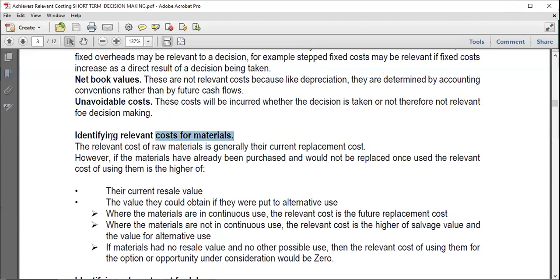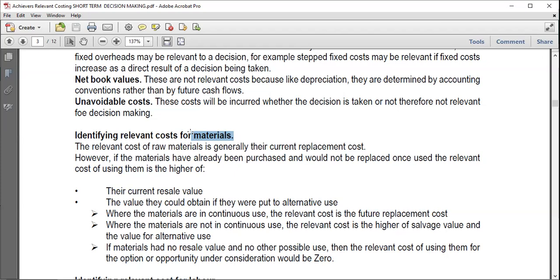Now, after we've tried to understand the different statistics of relevant and irrelevant costs, we are going to go into detail for each of our variable costs.